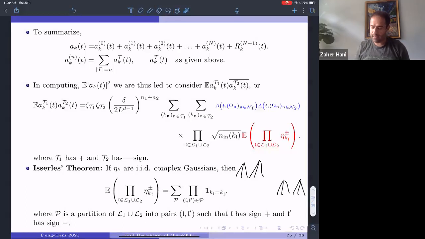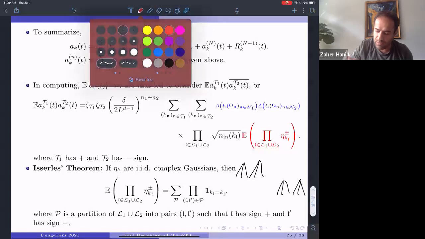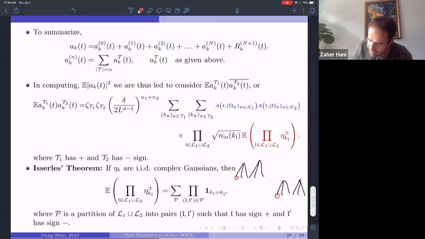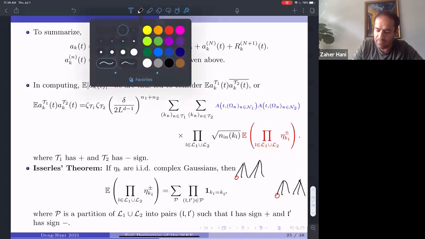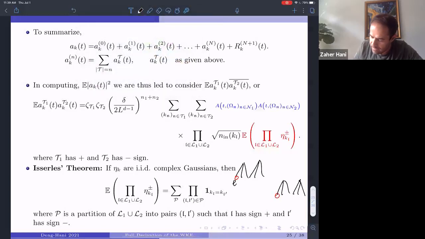And then you equate the decoration of the two leaves that are paired. Usually I will denote this pairing by using the same color. So if those two leaves are paired, and this leaf is L and this is L prime, I have to have that k_L' is equal to k_L.